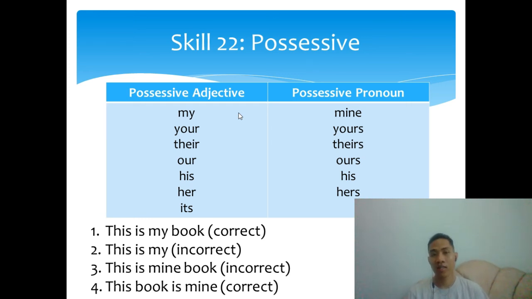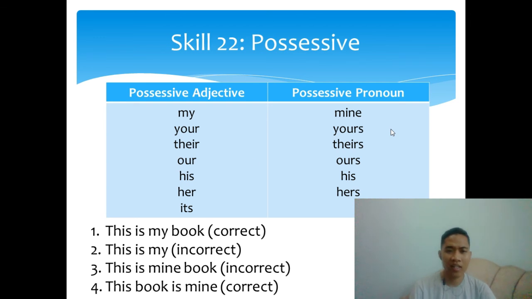Remember, they must be followed by the noun. While a possessive pronoun cannot be followed by a noun. So we cannot say mine book, yours book, theirs book, ours book, his book, and we cannot say hers book.